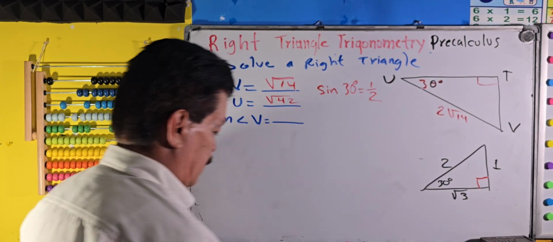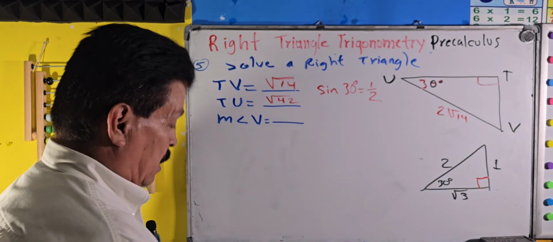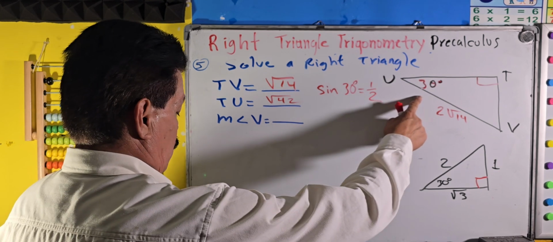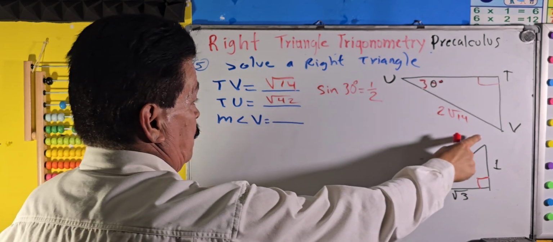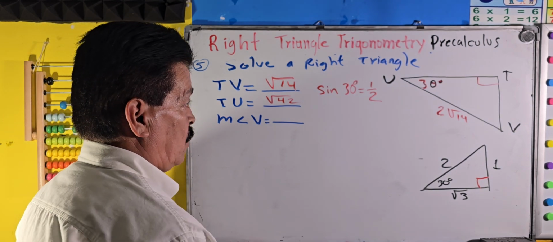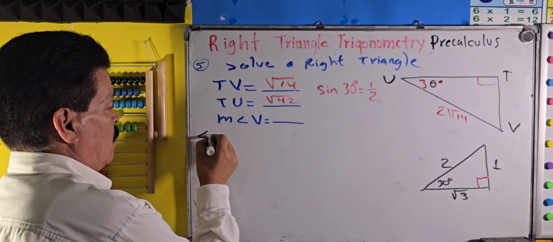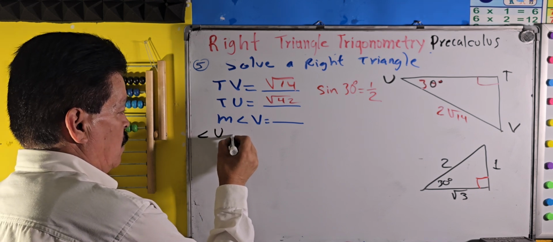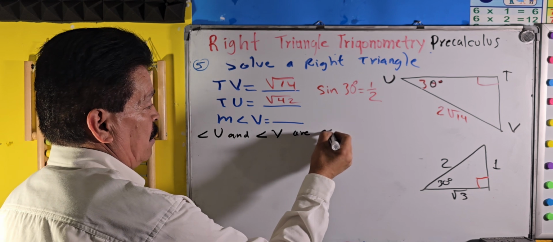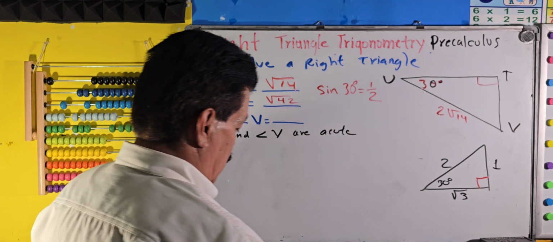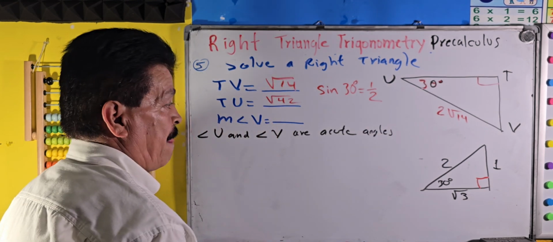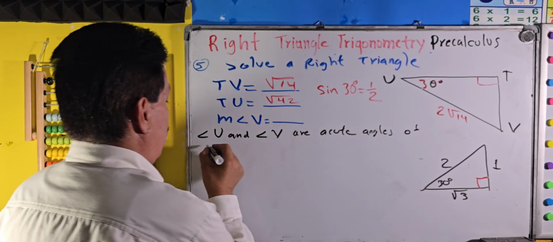So the last step. How do we solve the last step? We have angle U and angle B, which are acute angles of a right triangle.